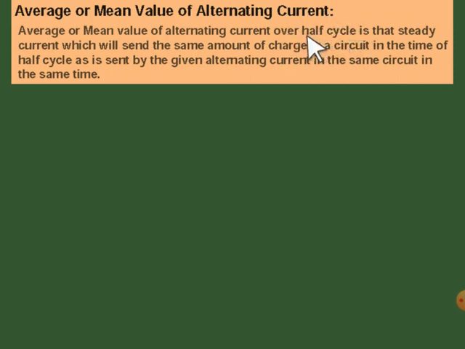Because if you take the average of the AC current, one coming from the positive half and another with an equal amount on the negative side, then it will come to 0. So we never define this average or mean value over a complete cycle. Rather, we define it for a half cycle only, either the positive half or the negative half.